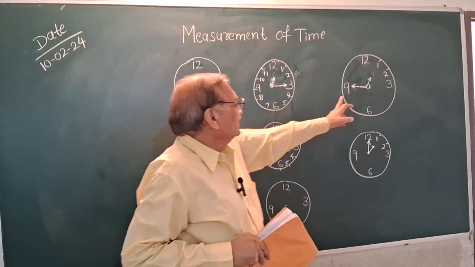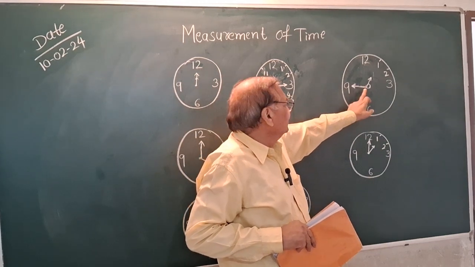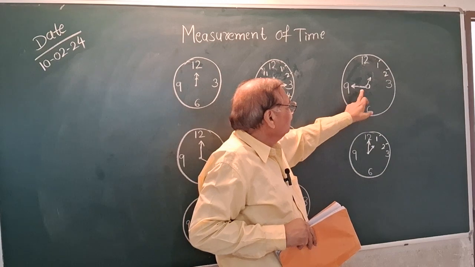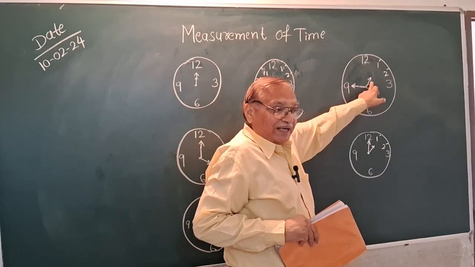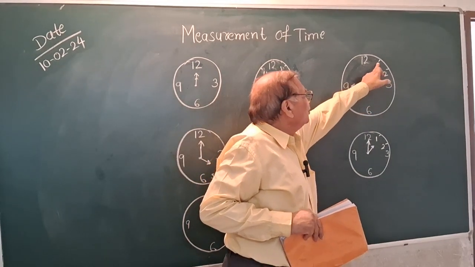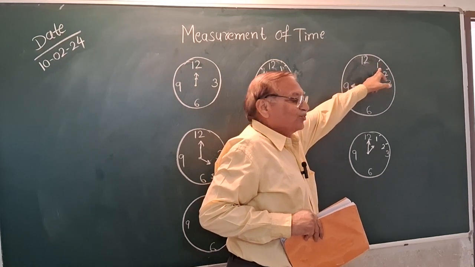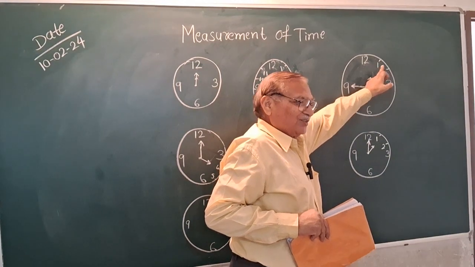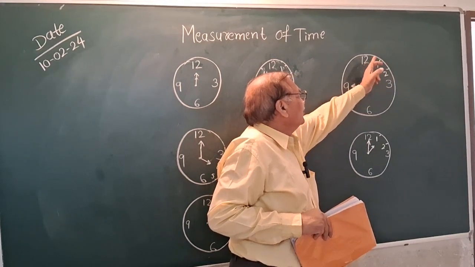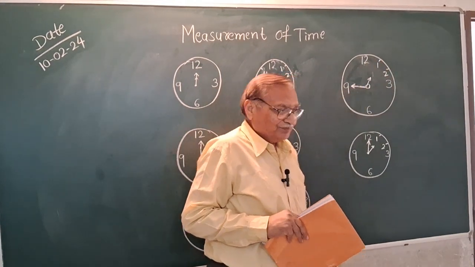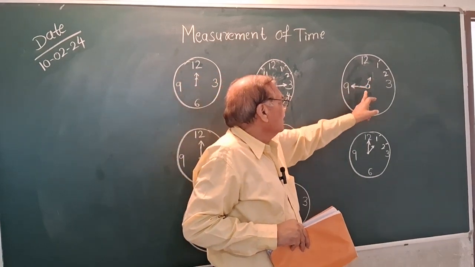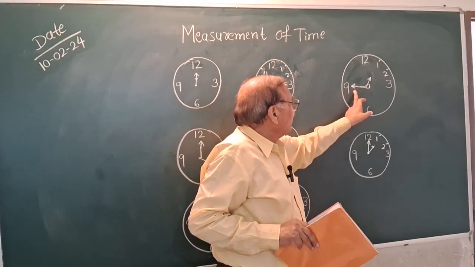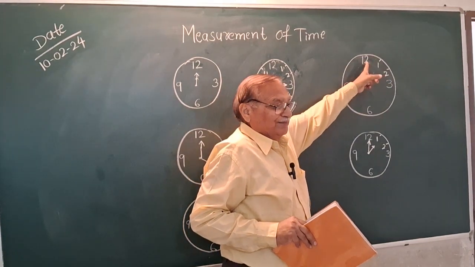So this is the diagram. When the minute hand has reached 9, the hour hand, which is the small hand, is about to move towards 1. It is not fully on 1 yet, slightly behind, between 12 and 1. Okay? So you understand this. 9 fives are 45. 45 minutes past 12.